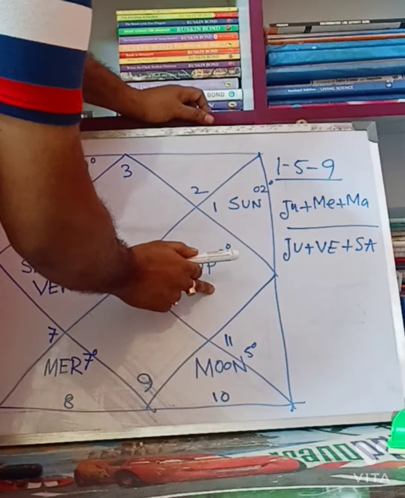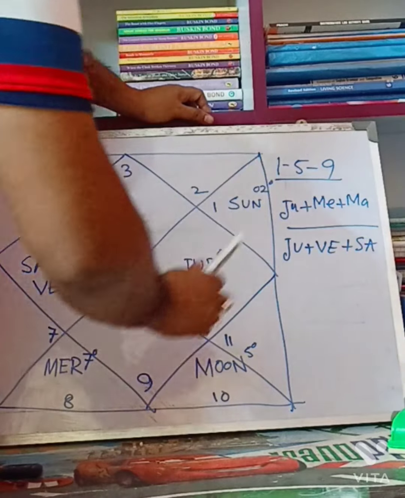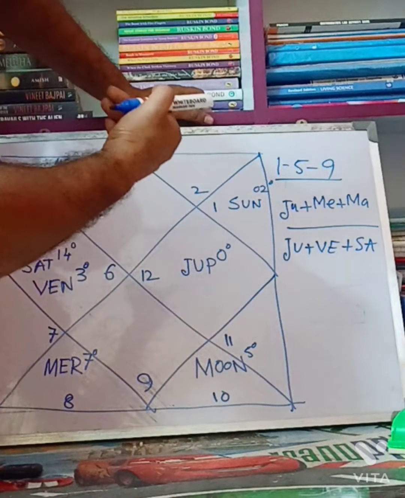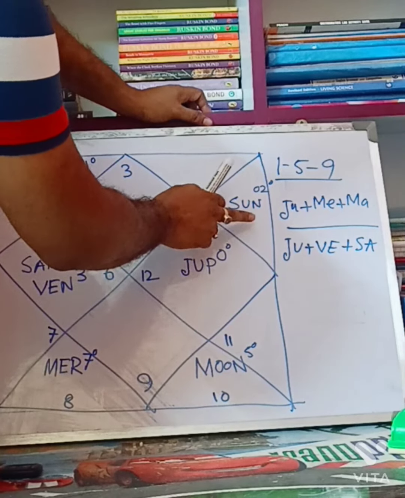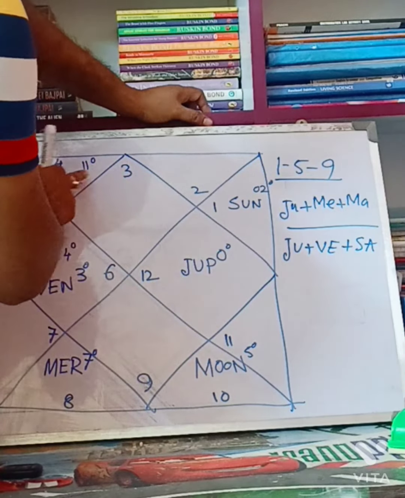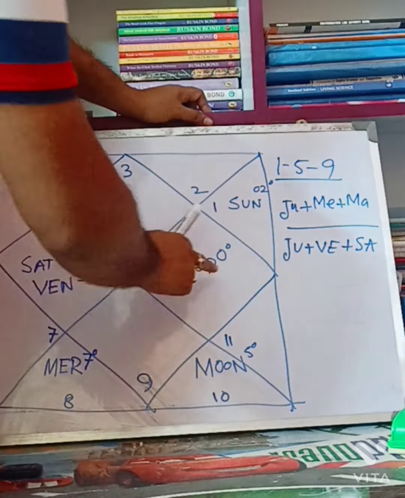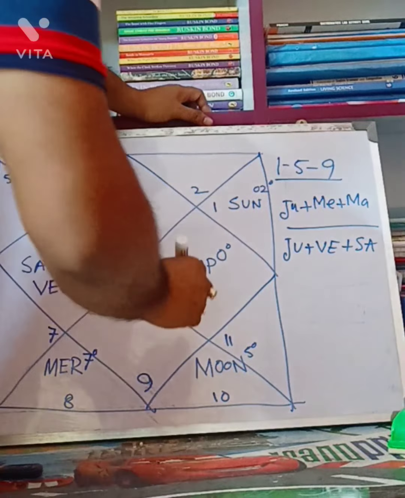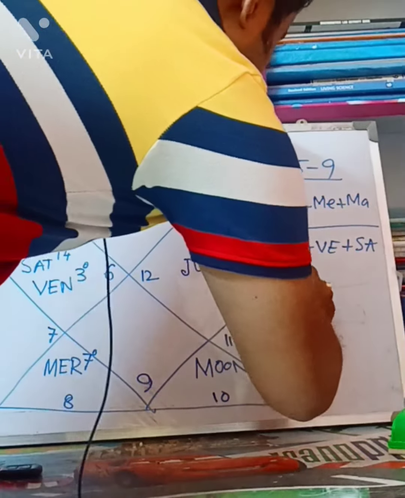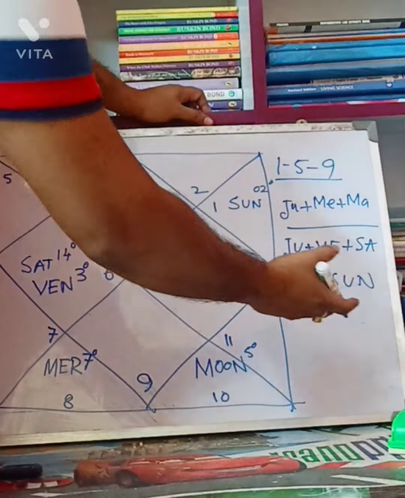So Jupiter is at 11 from Sun. Sun is here. So if we count from here, 1, 2, 3, 4, 5, 6, 7, 8, 9, 10, 11, 12. So Jupiter and Sun are making connection through the 2-12 connection. Jupiter plus Sun. This is the 2-12 connection.